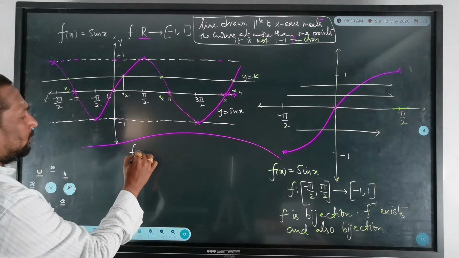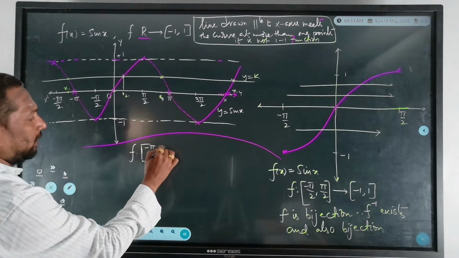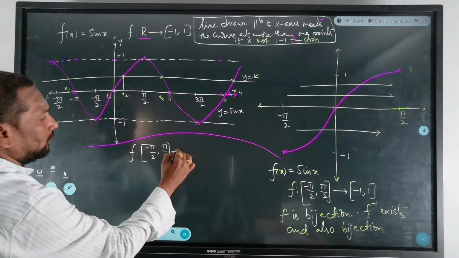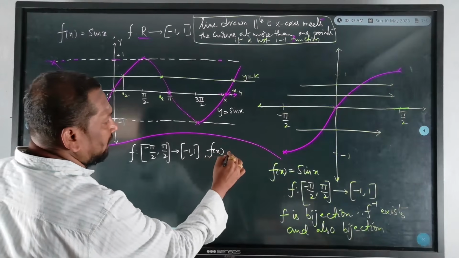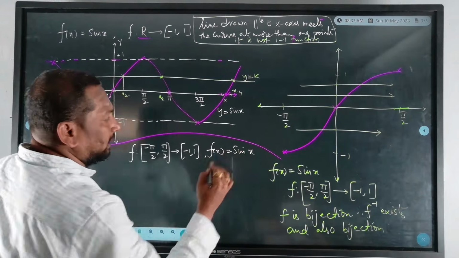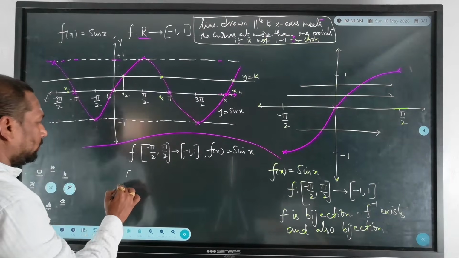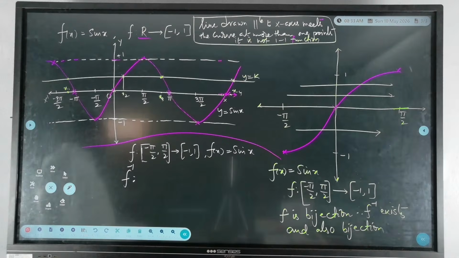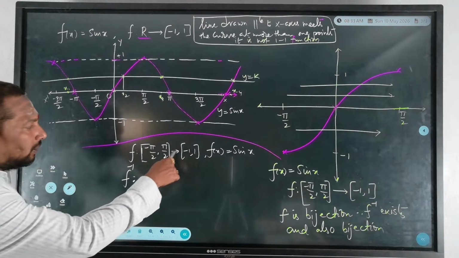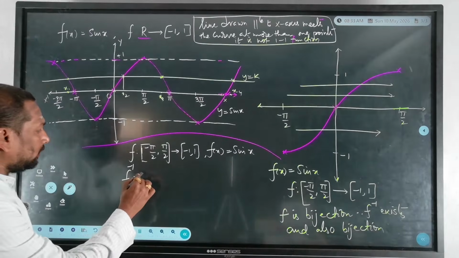F maps from minus pi by 2 to pi by 2 to minus 1 to 1. F of x is equal to sin x. Now f inverse maps from, while writing f inverse, the domain of f becomes the range, and the range of f becomes the domain of f inverse.